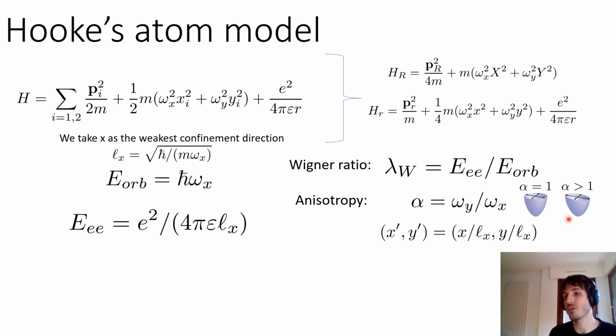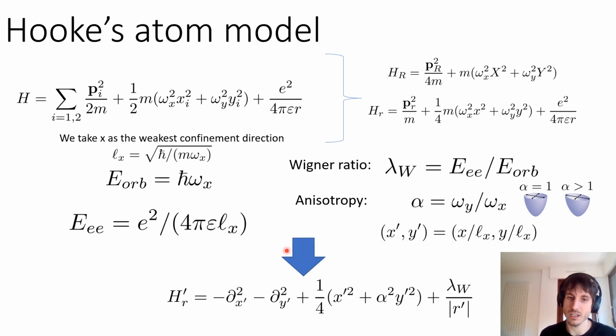If alpha is greater than 1, we are in the anisotropic case, and if it tends to infinity, we go to the 1D limit. So we can take a step further and redefine our coordinates in terms of adimensional parameters in a way that we reduce our problem to this adimensional Hamiltonian, which we can solve numerically in terms of the strength of the interaction, this Wigner ratio, and the anisotropy.